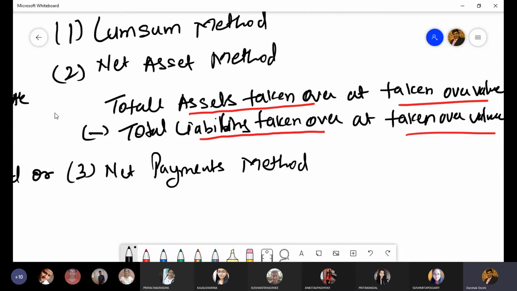Now I would like to ask you one question. Any payment done to debenture holders, will it come in the net payments method for the purpose of calculation of purchase consideration?